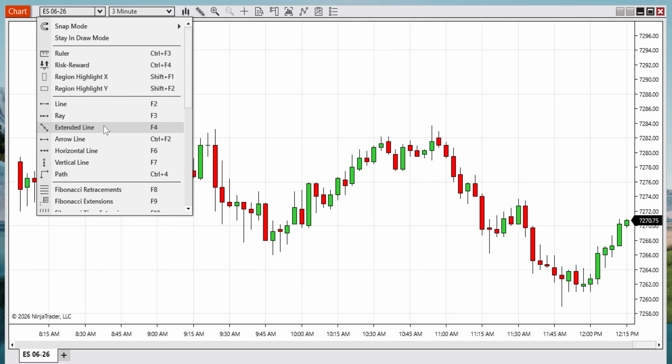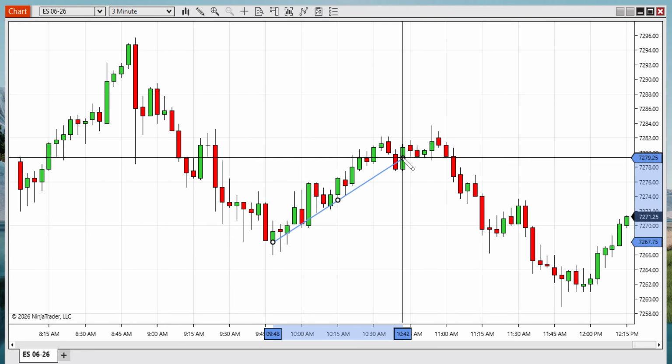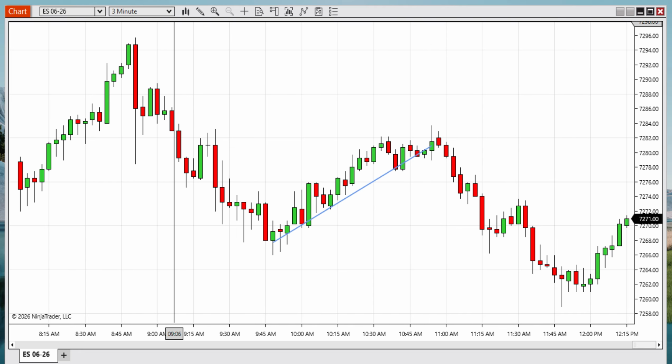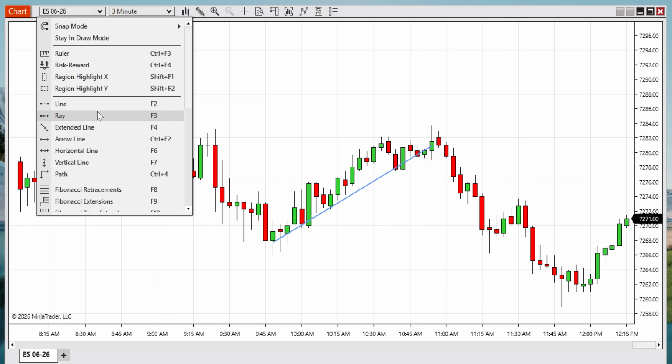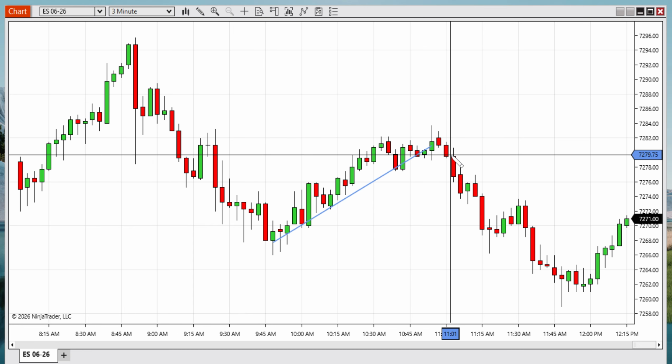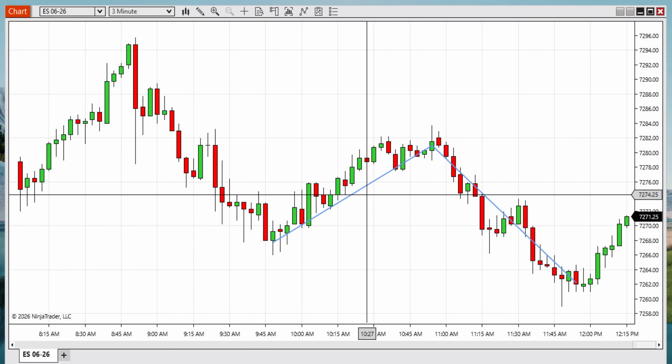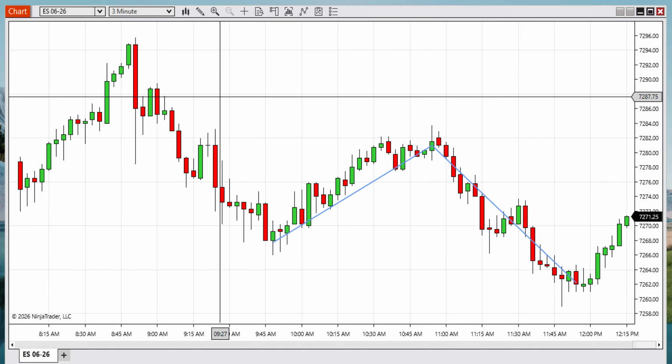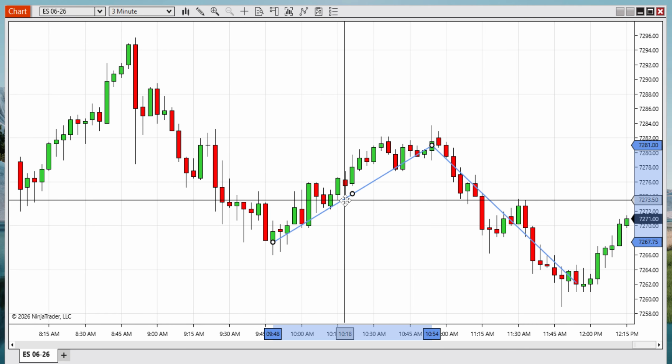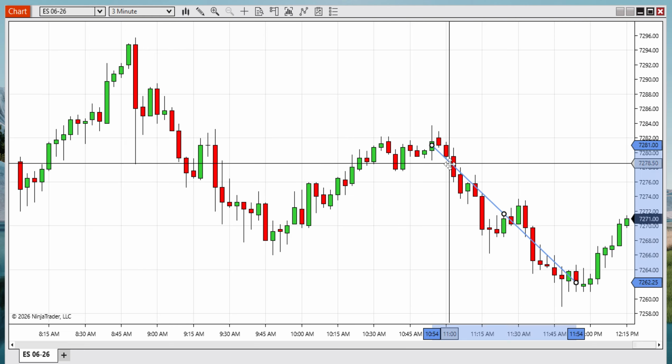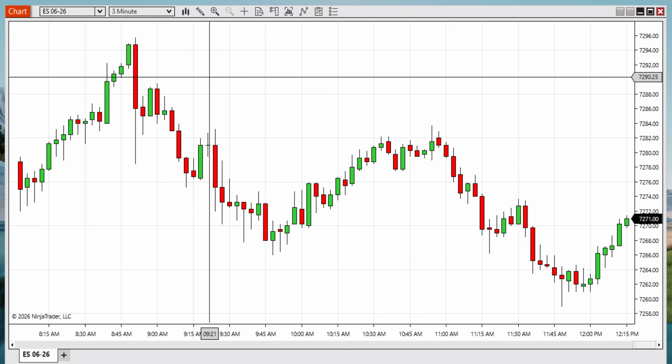So this is chart style, and next one is drawing tool. So if you want to draw something, like you want to set the trend, you can do this. Select a line and then draw a line, and then select another line and draw another line here, so you can get some idea. And you can delete it by just selecting it and clicking delete.